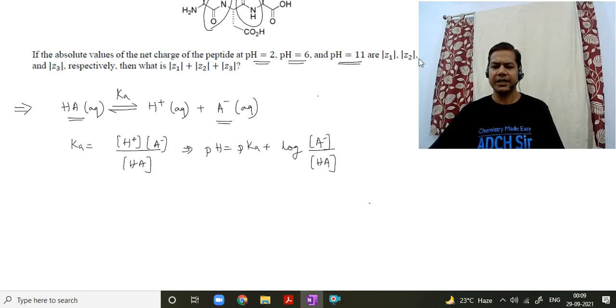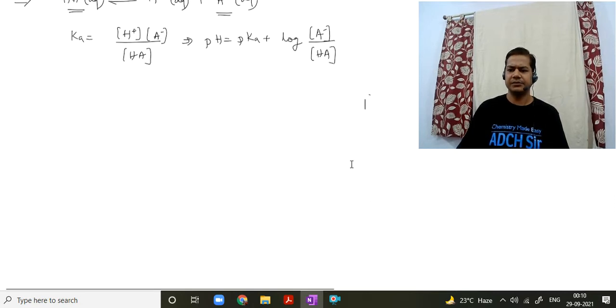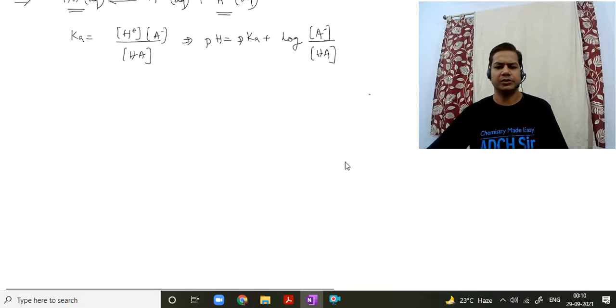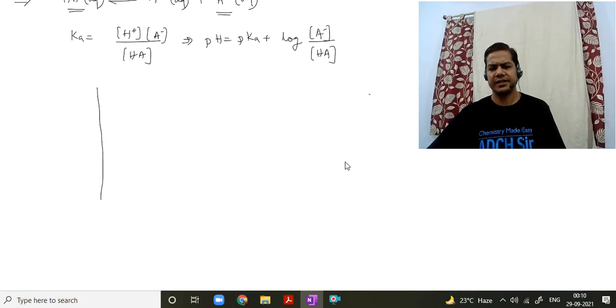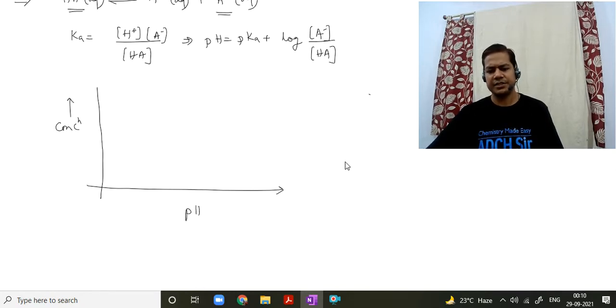And now we'll plot a graph of the concentration of A minus and the concentration of HA at different pH. I hope you have learned about this in the ionic equilibrium chapter. I'll just recall it. On the y-axis we are plotting concentration, on the x-axis we are plotting pH.